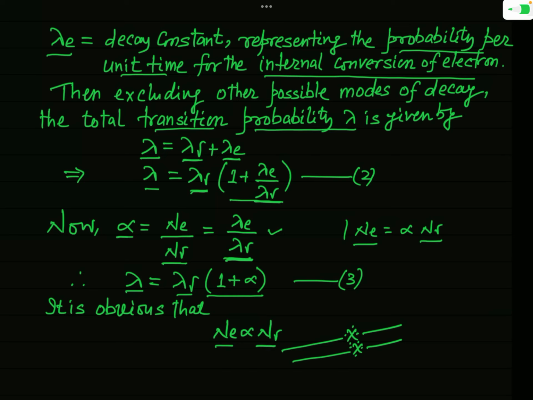So this was a brief introduction to the internal conversion process. In our forthcoming lecture, our prime aim will be the calculation or determination of the internal conversion coefficient alpha, and that is done in terms of the concept of retarded potential.